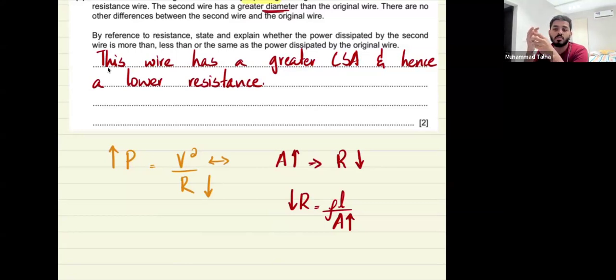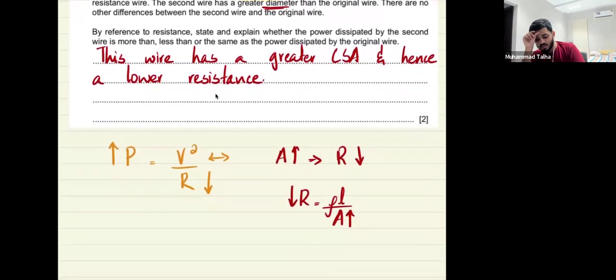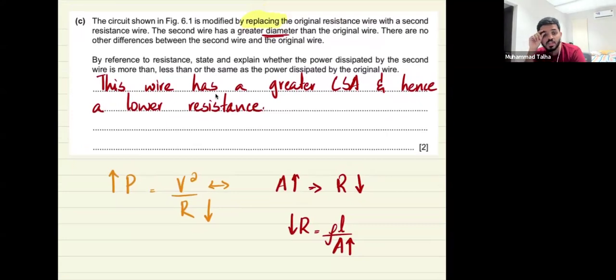Because if temperature increases, the molecules vibrate more and they pose more of a hindrance to the flow of electrons. That's why resistance increases. No, you should tell me whether you get it 100% or not. This was part C. First, tell me whether you get it 100% or not. Otherwise, we won't go on.